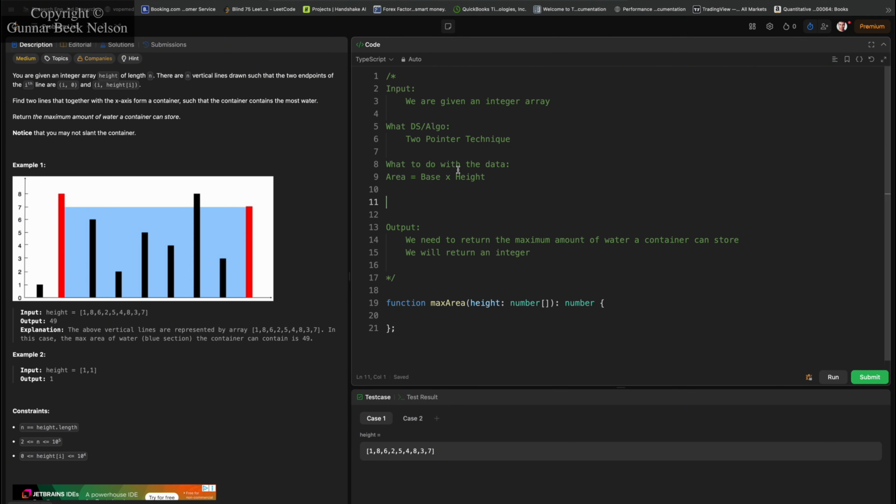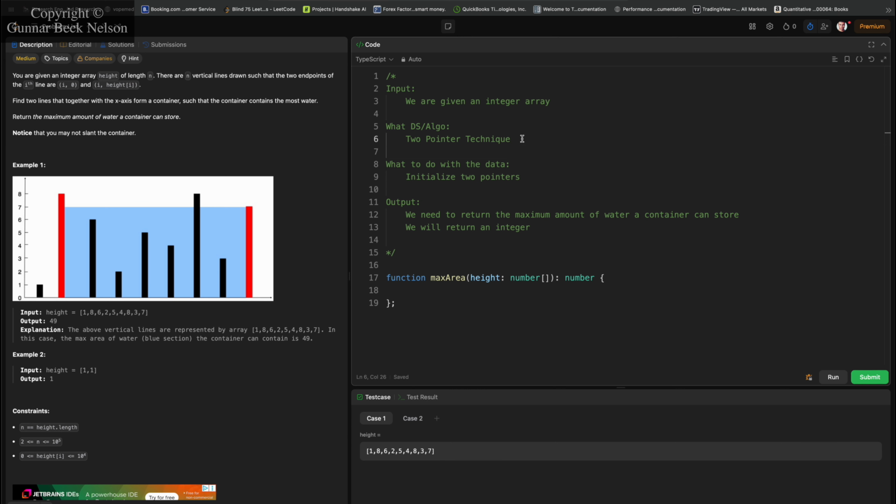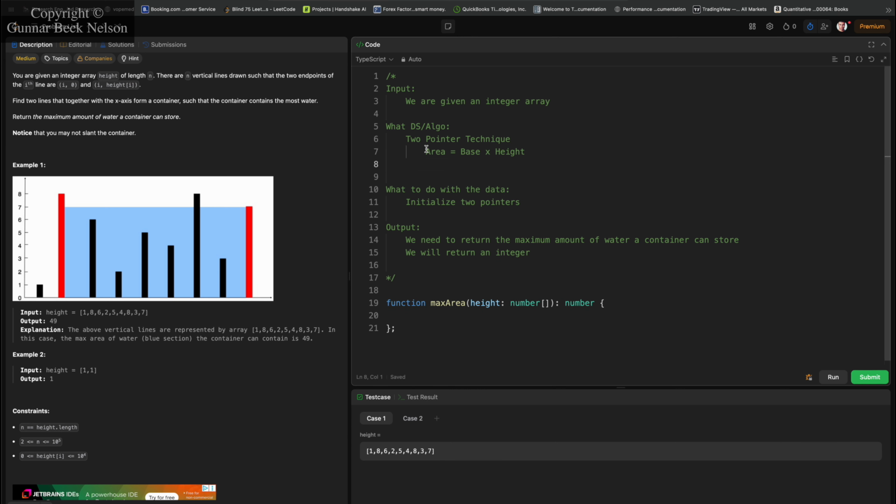So what we will do for our following data is first initialize two pointers. I'll just put this over here, and I'll put in some other notes as well.